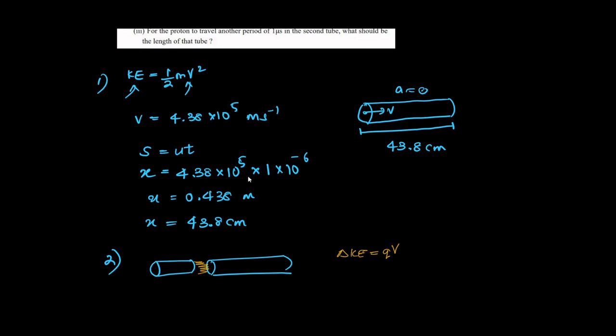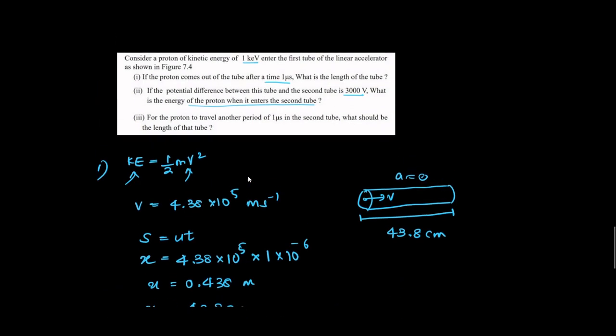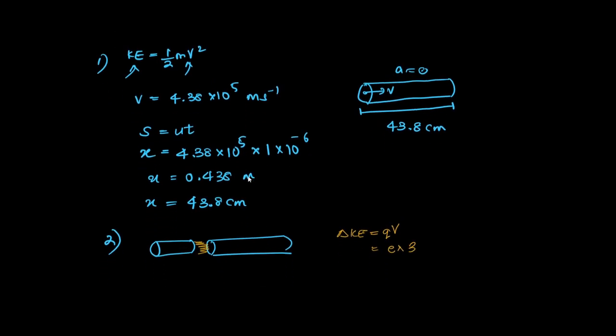Now, this is a proton, therefore, the charge of a proton is same as the charge of an electron, and the potential difference is 3000, or this could be written as it's 3 kilo electron volt.